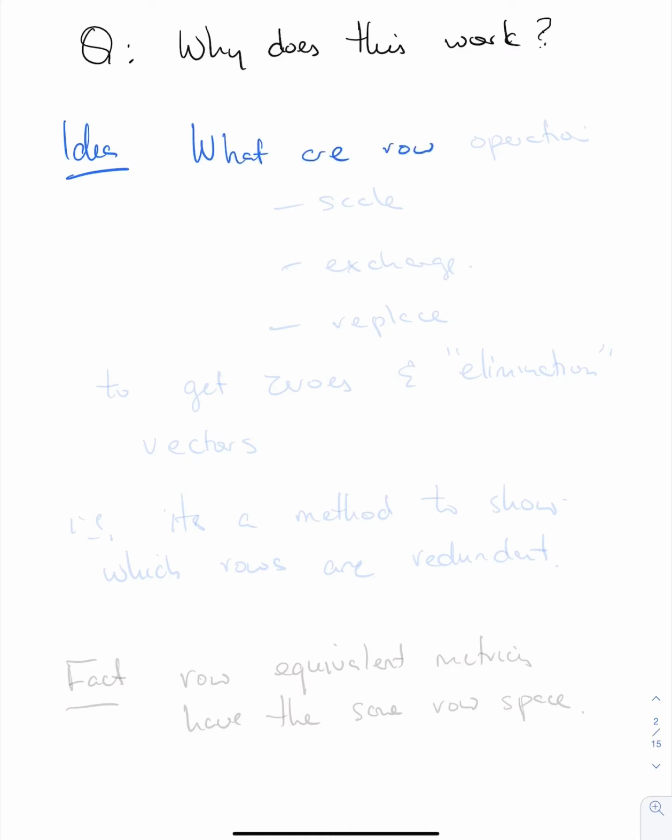our row operations? Our elementary row operations, well, we scale, we exchange 2 rows, we replace a row by its sum with a scalar multiple of another row. And what we want to do is to get zeros. We want to get zeros and eliminate vectors. This is why it's sometimes called elimination.